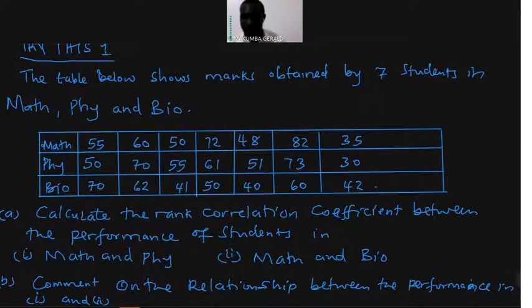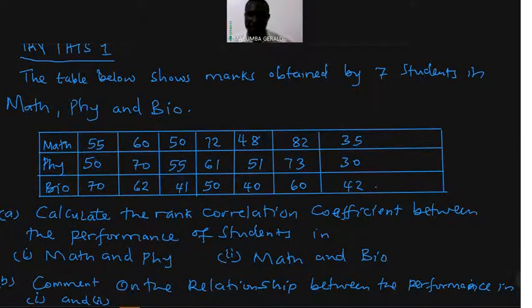So you're going to base on this table. Math and physics is here. So you're going to first take math and physics. You calculate the rank correlation coefficient like the way we have been doing it. Okay, after you have got that value, keep it. Go to Roman numeral 2. They want us to calculate the rank correlation coefficient of the students in math and biology.